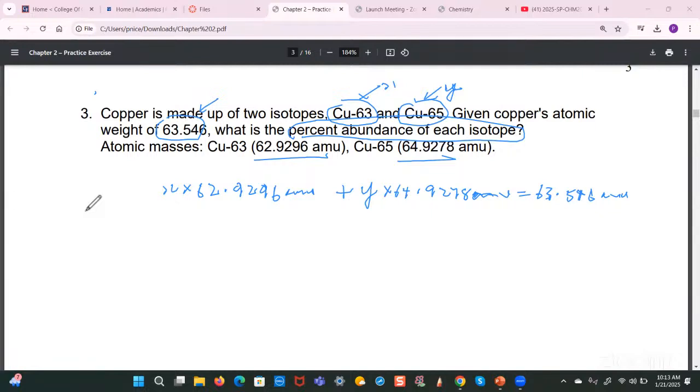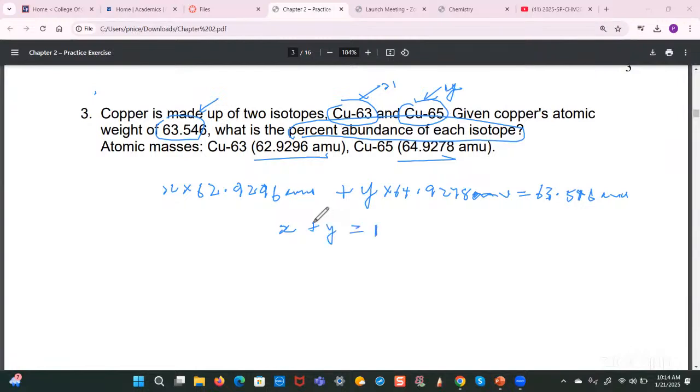So if X represents the relative abundance of copper 63 and Y represents the relative abundance of copper 65, and those are the only two, then what's the relationship between X and Y? X plus Y is equal to what? 100% or 1, right?